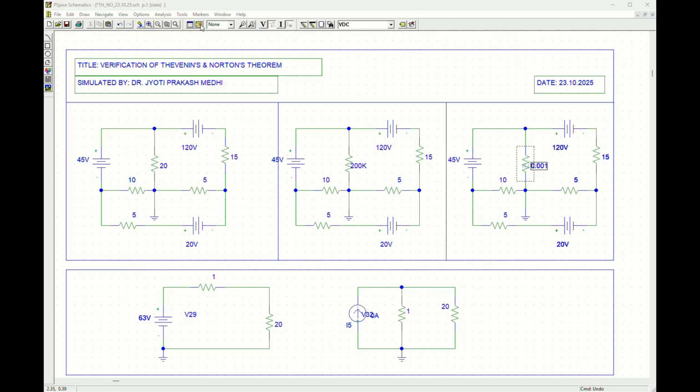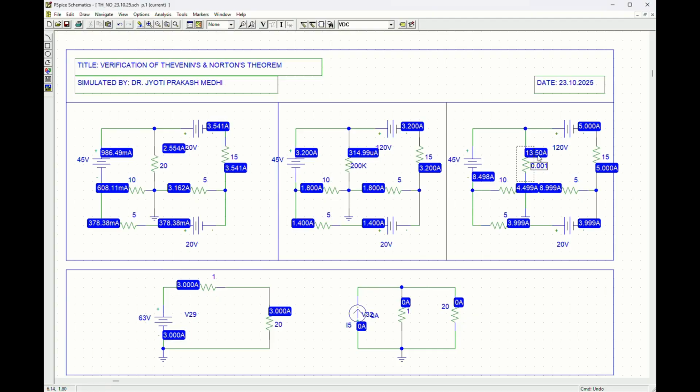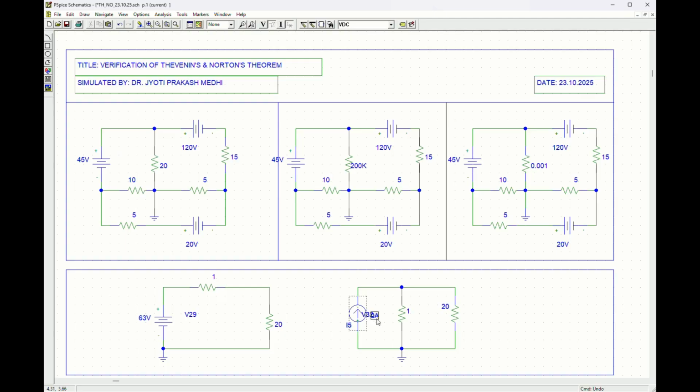Now if we run the simulation and check the current, it will be 13.5 ampere. So let us make the source 13.5 ampere. Now our Norton current is 13.5 ampere.